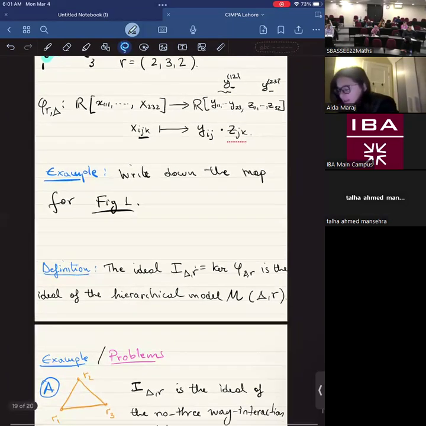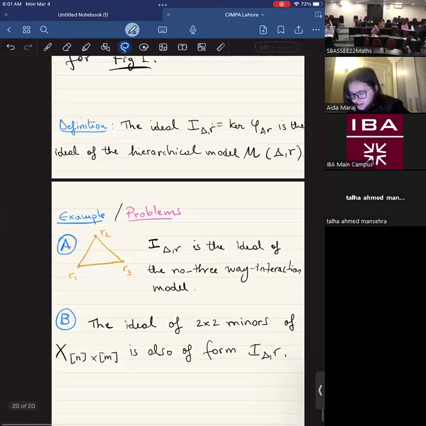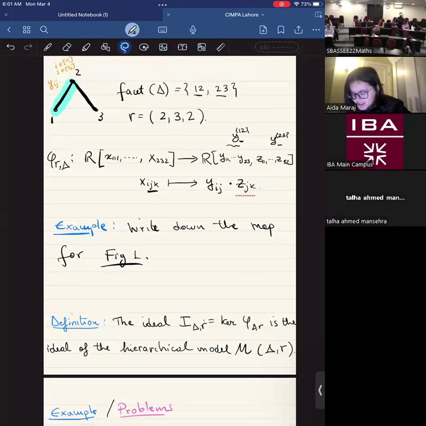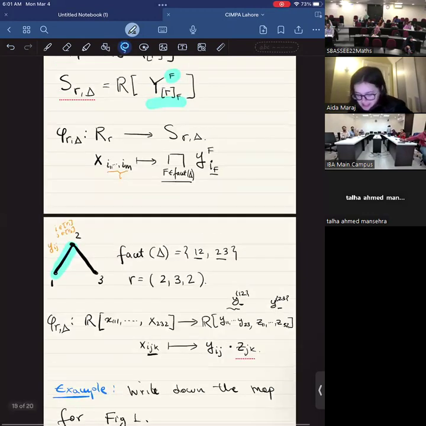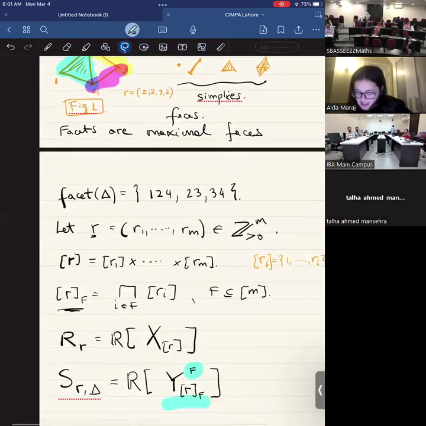So where we left it with the definition of this map. I hope some of you had the chance to try it out, the map for this example. If you did, we can check it together right now.